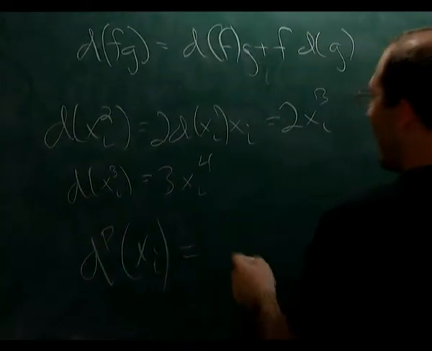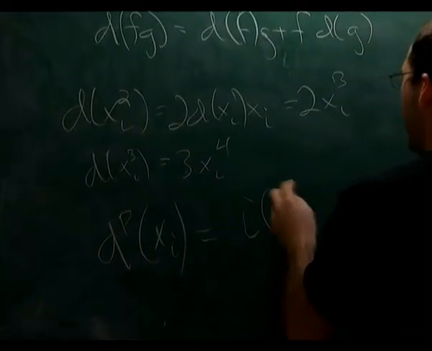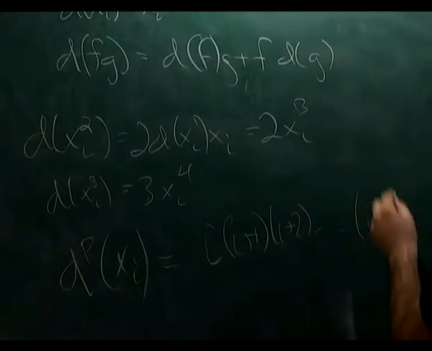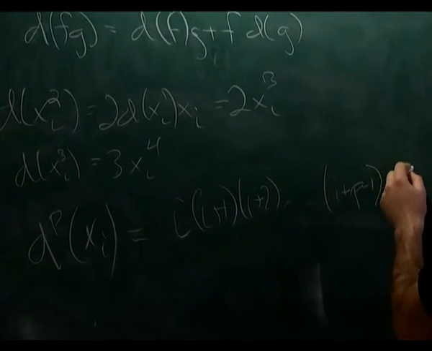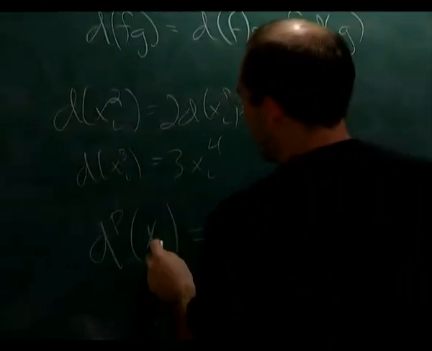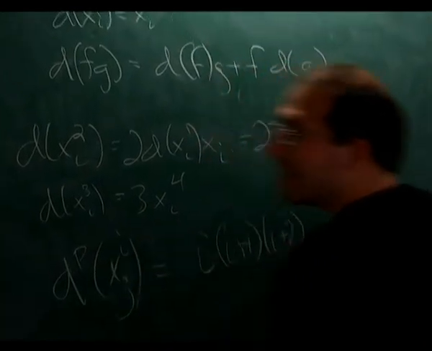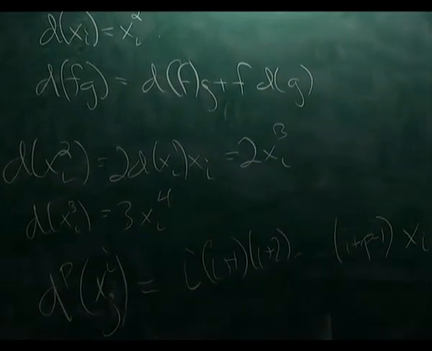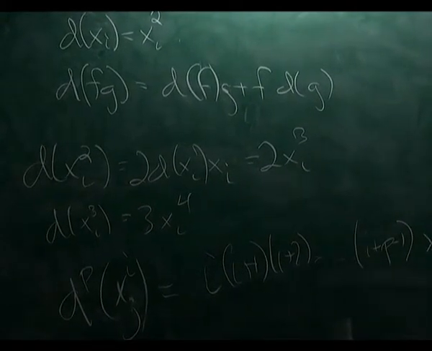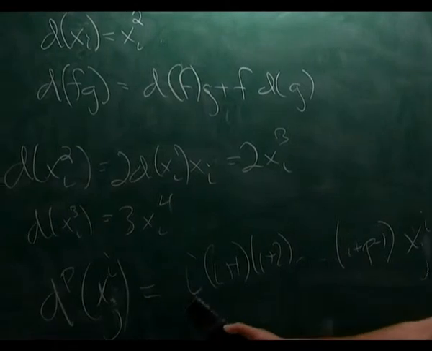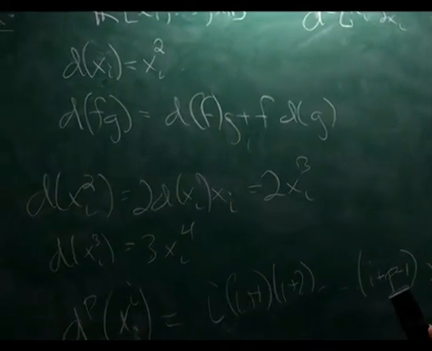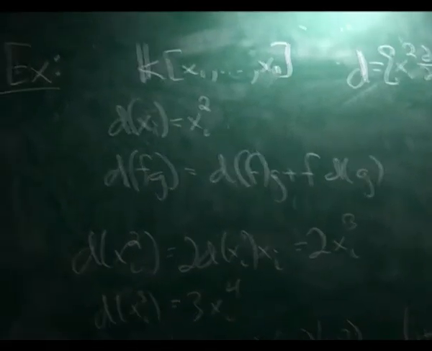I mean, what this is, it's i times (i plus 1) times (i plus 2), dot, dot, dot, up to (i plus p minus 1), of x_j to the i plus p. And you can see that in characteristic p, one of these numbers is 0. And this is the reason why d to the p is 0.